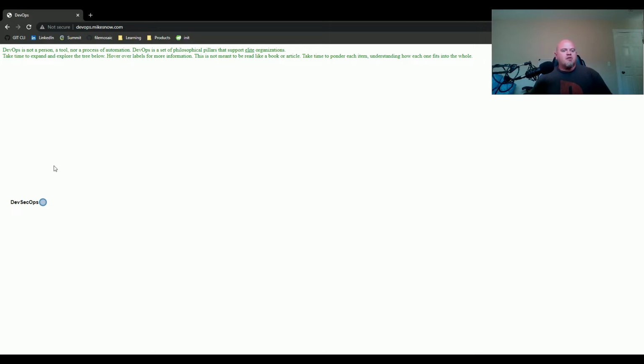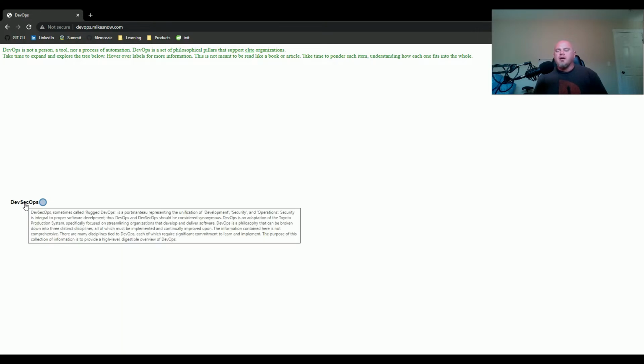I want to call attention to the fact that you can hover over these labels. When you hover over the label, you can read a bit more about the specific thing. This is really not designed to be read like a blog or a full article. It's meant for you to weave through it, hover over the things, read about it and think about it.